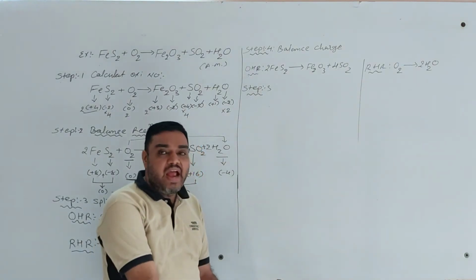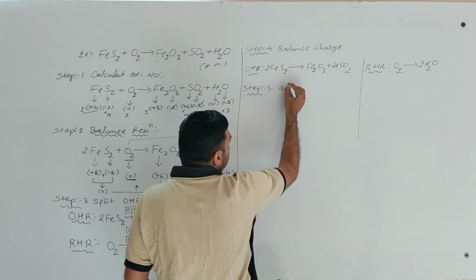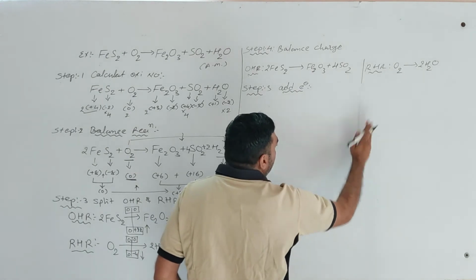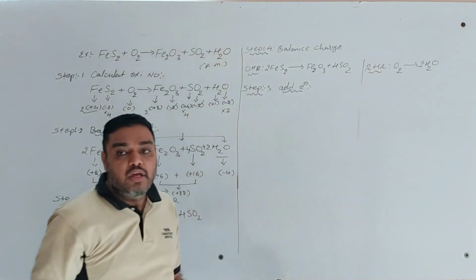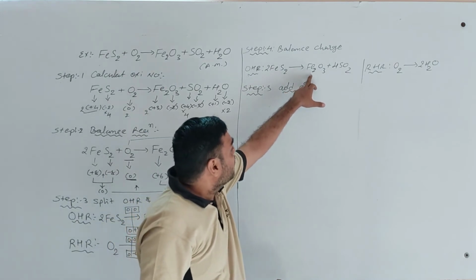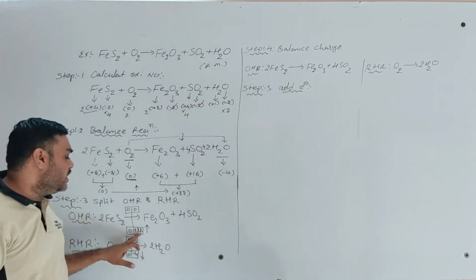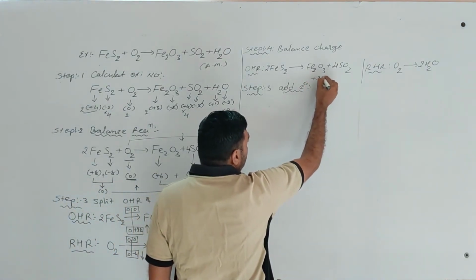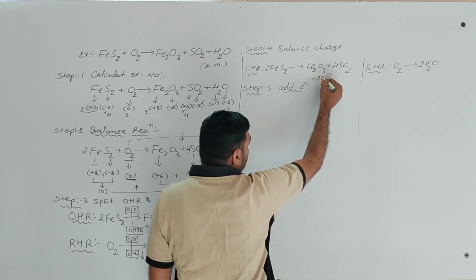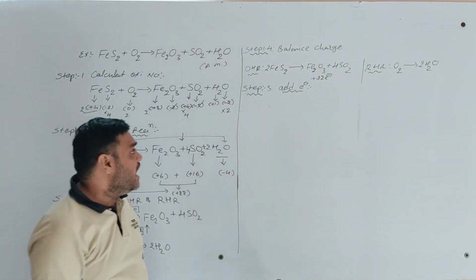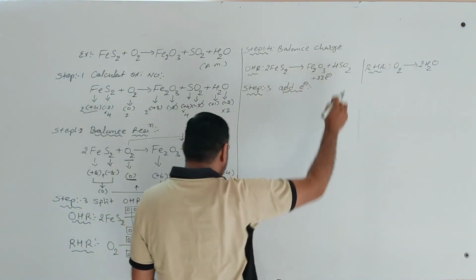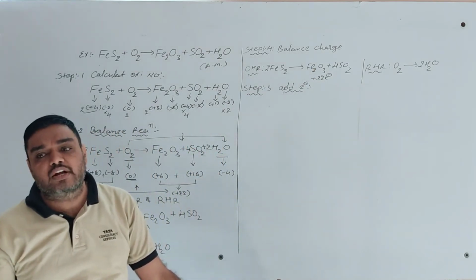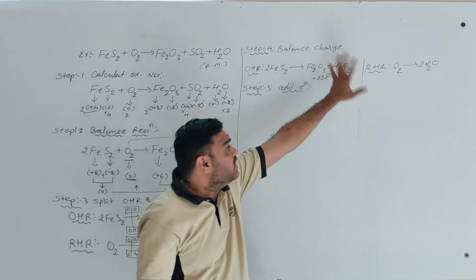In step 5, add electrons according to change in oxidation number. Now you find that here the change in oxidation number is 22. So you have to write plus 22 electrons on the right side, because during oxidation half reaction electrons are lost.